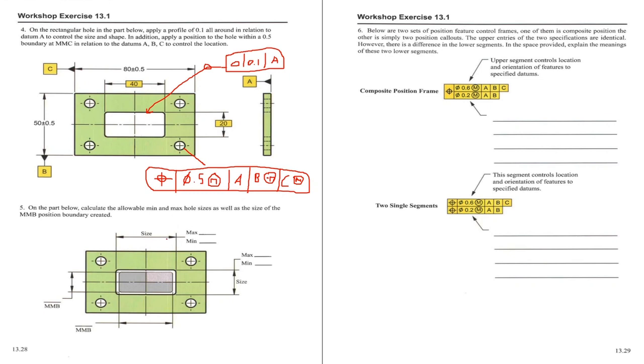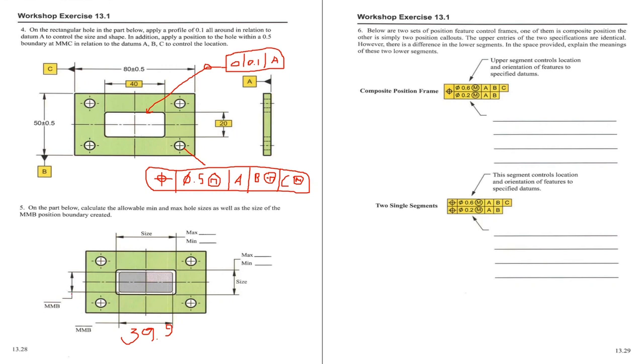And for this MMB, which is 40, it's given here, we will subtract the profile tolerance, which is 0.1. So 0.1 at this side and 0.1 at this side, 0.05 at this side and 0.05 at this side. So the total is 0.1. So 40 minus 0.1, this MMB is 39.9 here. It's 39.9.